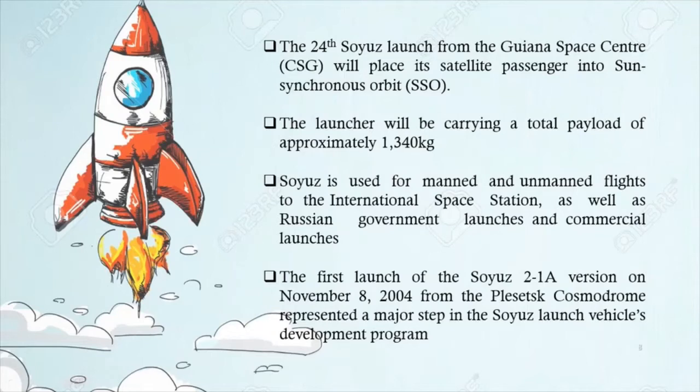Soyuz is used for manned and unmanned flights to the International Space Station, as well as Russian government and commercial launches. The first launch of the Soyuz 2-1A version on November 8, 2004 represented a major step in the Soyuz launch vehicle development program.